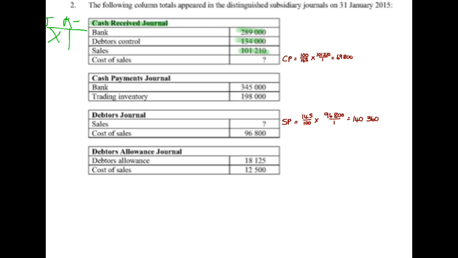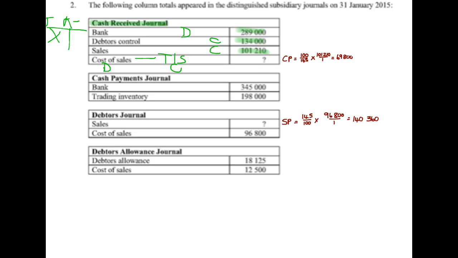So therefore my bank account will be debited, and therefore debtors control and sales will be the credit entries. Then cost of sales goes together with trading stock, and cost of sales is always debited, creating the expense, whereas trading stock is decreasing, so it's a credit.